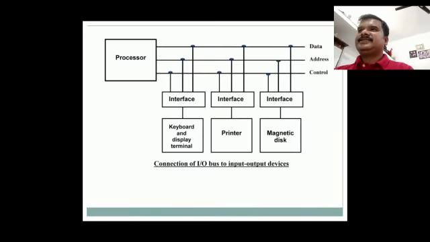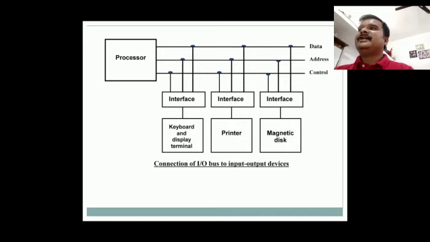Here we see the diagram of connection of input output bus to input output devices. Please see the processor connected with data, address and control buses, all connected with interfaces to communicate with keyboard, printer and magnetic disk.